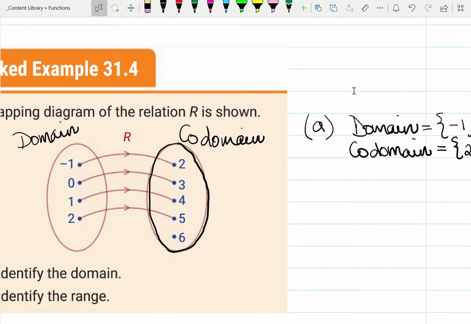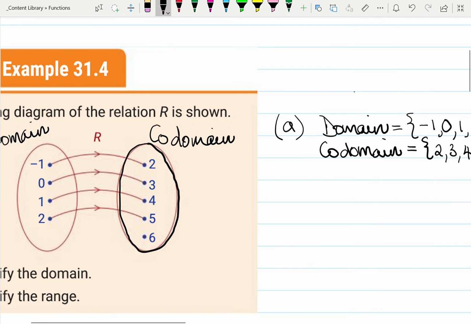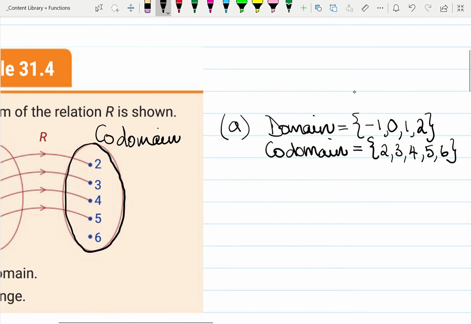Okay, so if you look in the codomain here, there are 5 elements, but not all 5 elements are mapped to. Not all 5 elements are linked. So only the ones that are used, that are linked, are in the range.